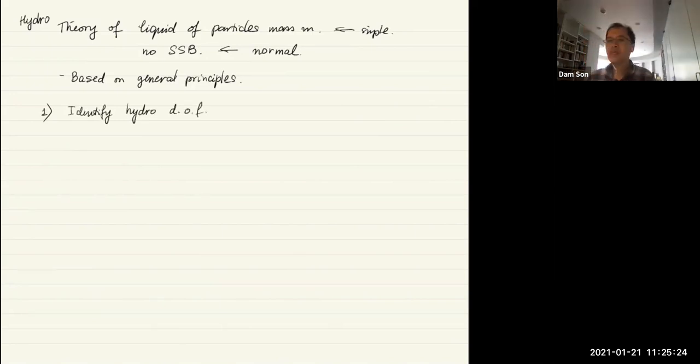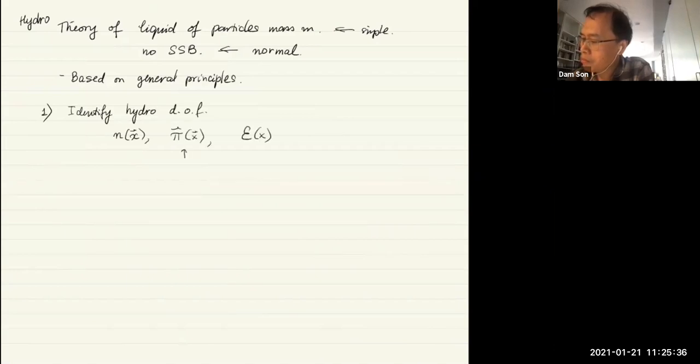In our case, these are just the densities of conserved quantities: density of particle number, density of momentum, density of energy. This is the energy density, and n is the particle number density.